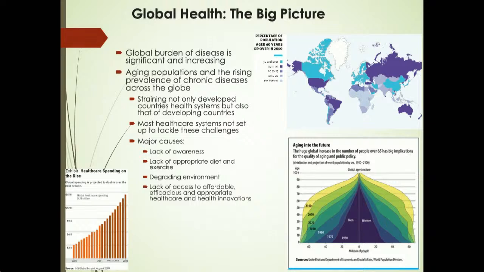I see that everywhere I go, in all the cities, a huge number of hospitals, clinics, labs, because the need is there, and it's going to grow multiple times. So healthcare spending is increasing rapidly. The global population is aging, so that's why you see the flattening, if you will.